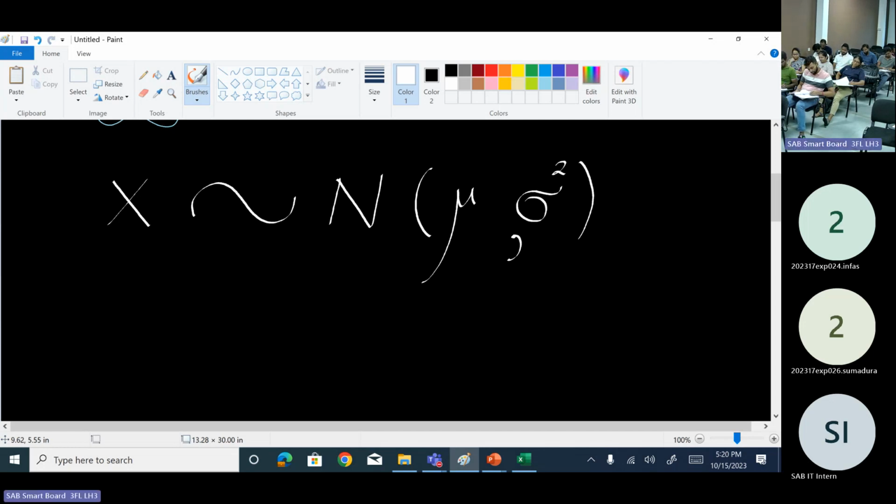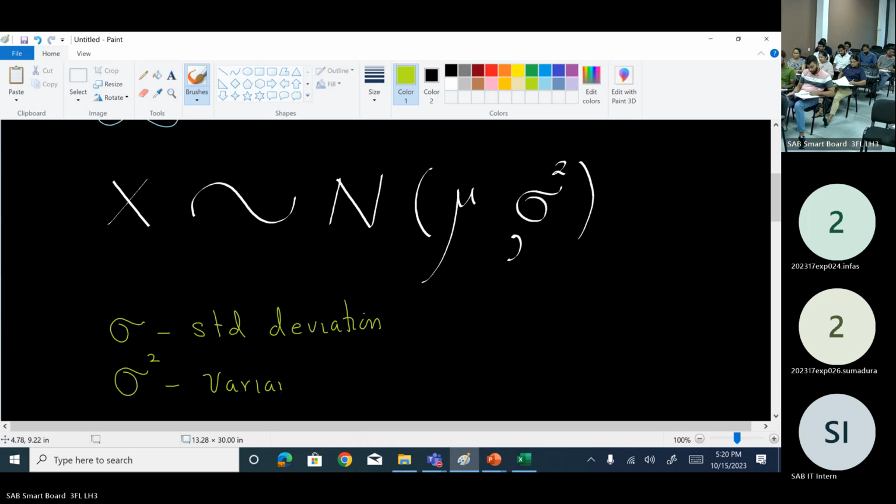Standard deviation squared is variance. So sigma is standard deviation, and sigma squared is variance. In the notation we write the variance, the sigma squared value. If the standard deviation is 5, then we write 5 squared.